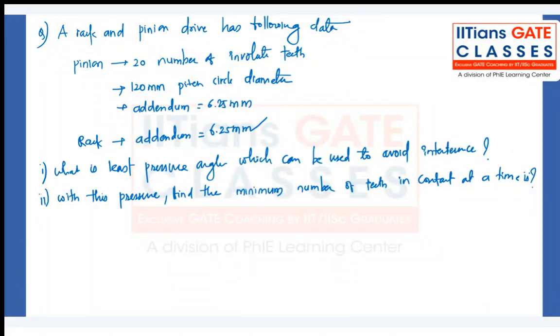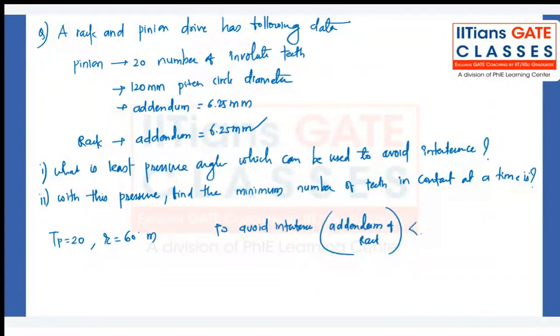Number of teeth on the pinion is 20. The radius is 60 millimeter, because 120 millimeter is the pitch circle diameter. Addendum is also given to you. To avoid interference, the addendum of the rack has to be less than r sin square phi.